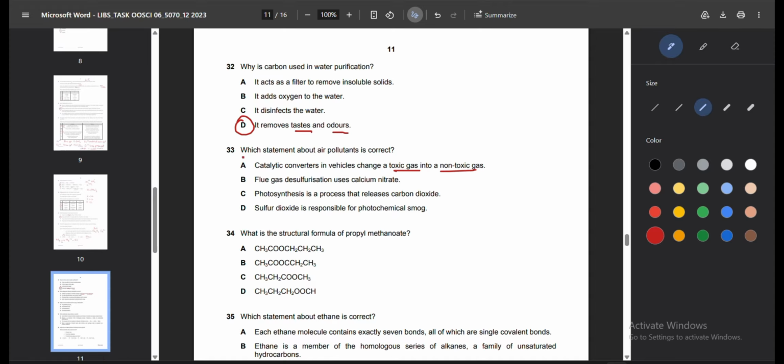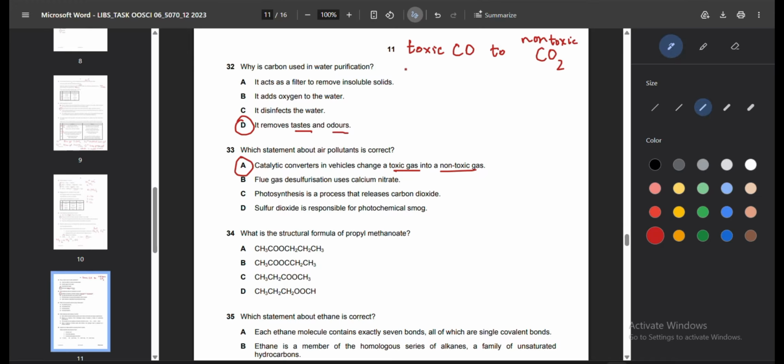Yes, this is correct, because a catalytic converter converts harmful gases like toxic carbon monoxide to non-toxic carbon dioxide.